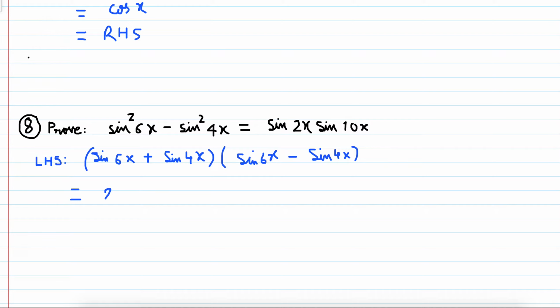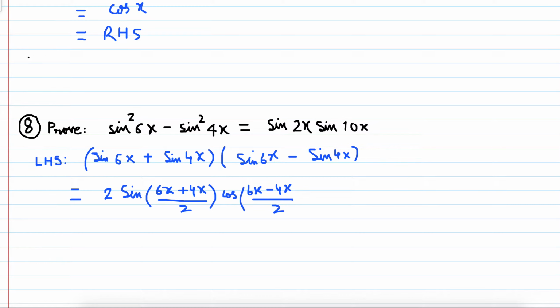So the first term becomes 2 times sin 6x plus 4x by 2 multiplied by cos 6x minus 4x by 2.